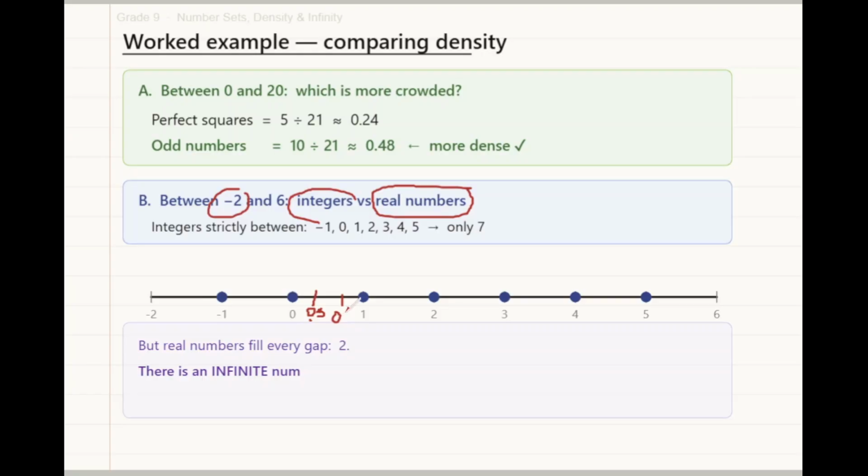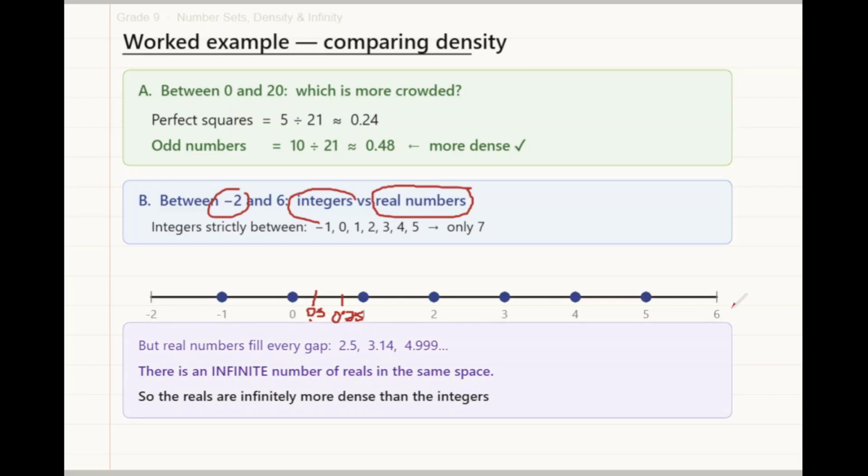In this way, you can write an infinite number of real numbers on this number line. So the real numbers are infinitely denser than the integers, because there are only a finite number of integers within this range, whereas there will be an infinite number of real numbers.